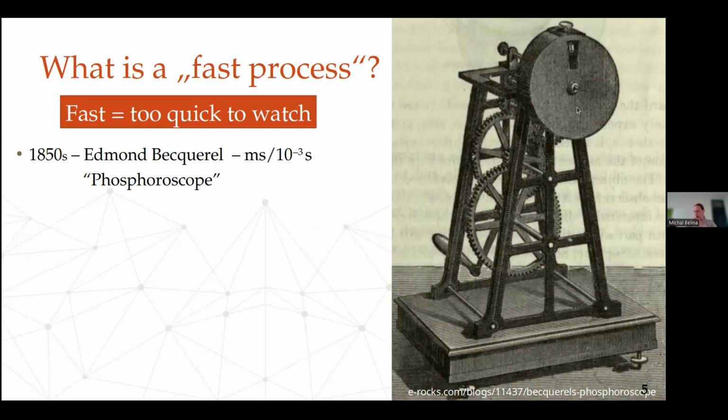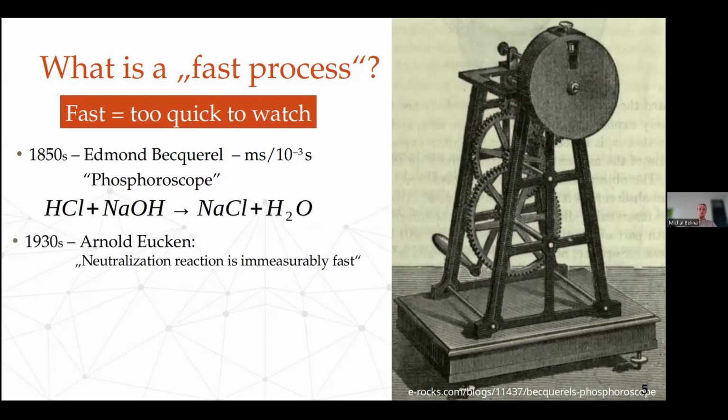But later, some reactions or chemical processes were still considered to be immeasurably fast. For example, in the 1930s, it was this very famous, well-known chemical reaction, neutralization, in which some acid and base react to create water and some salt.